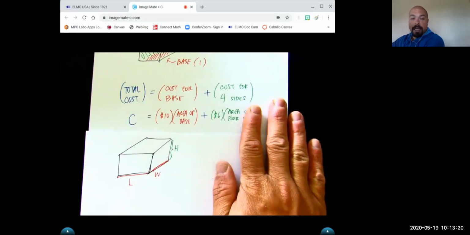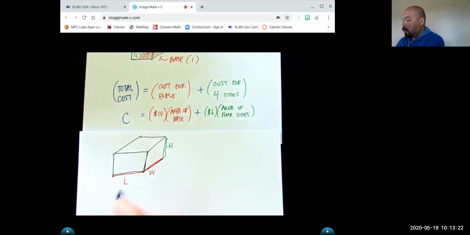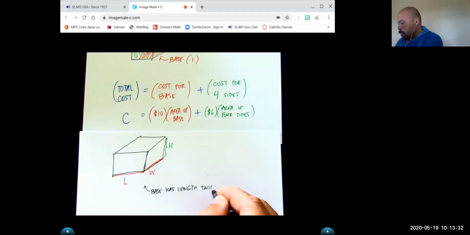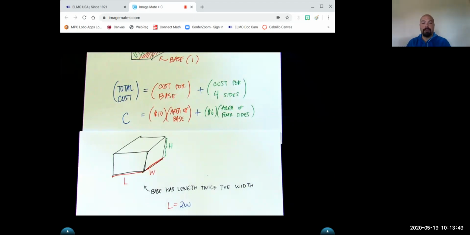And so already in our statement, we are told that the base has length twice the width, right? So already we can start to replace that length is going to be 2 times W. Right, and again, that was a statement in the problem itself.